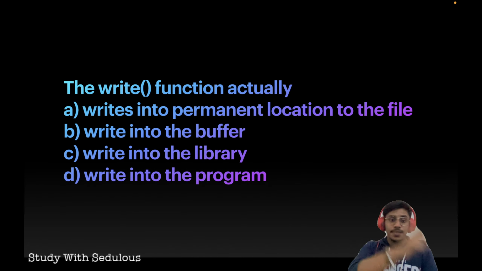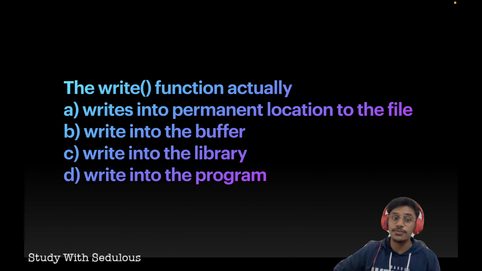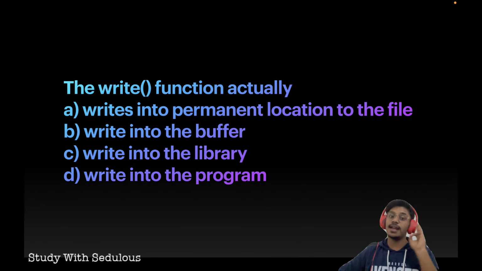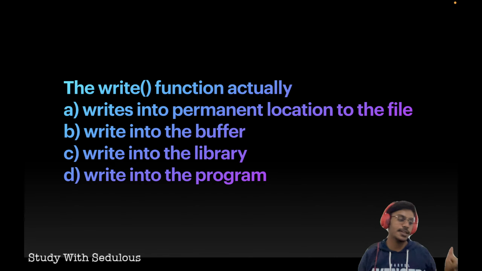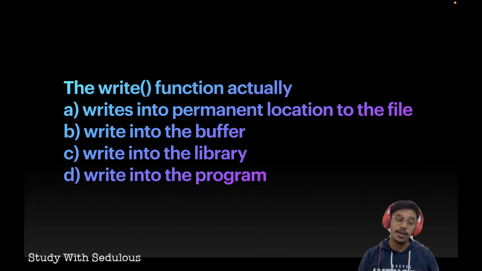The write function, what does the write function actually do? Writes into permanent location to the file, writes into the buffer, writes into the library, writes into the program. A write function is not the one which we have in CSV, it is writer. A write function is not the one that we have in binary, there it is called dump.